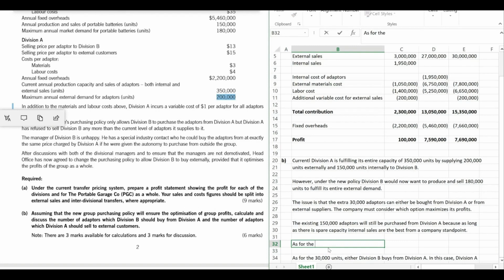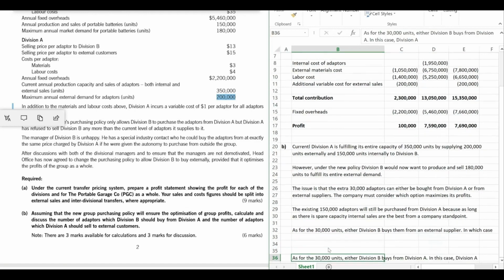As for the 30,000 units, either Division B buys them from an external supplier, in which case it will cost them the same $13 it did when buying from Division A, right?